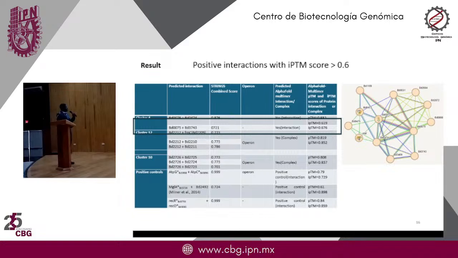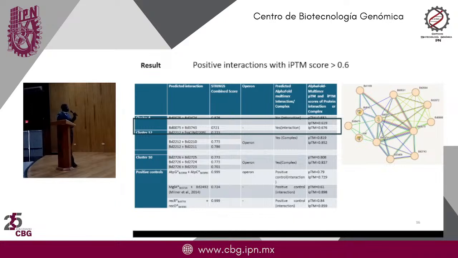I now move on to discuss the third cluster, cluster 4, which is this cluster right here. In cluster 4, we found BD0075 interacting with 474, and we also found the same BD0075 having positive interactions with 3743.